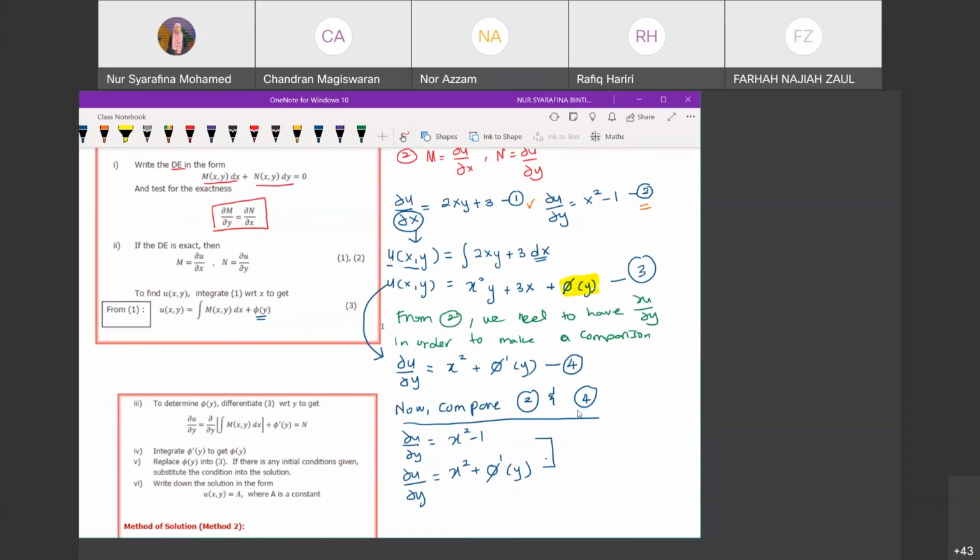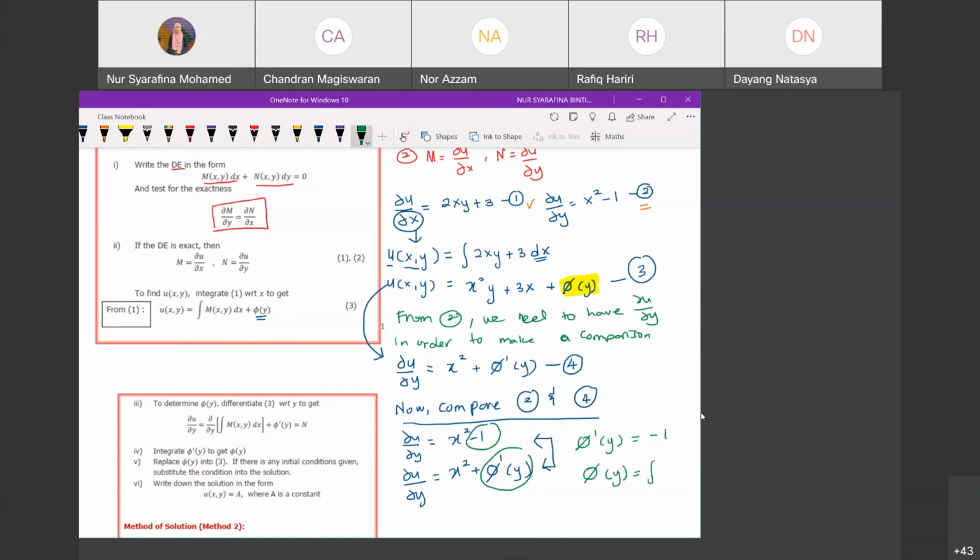So from here, when you compare, what can you see? We can know the value of psi prime y, which equals -1. Yes, -1. So when psi prime y equals -1, then what is psi y?